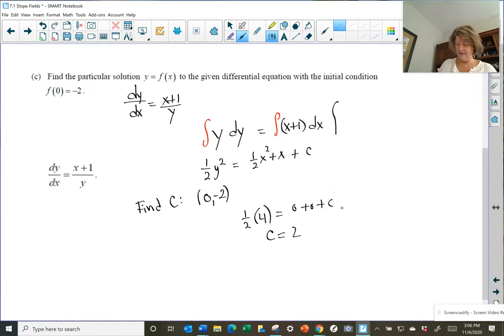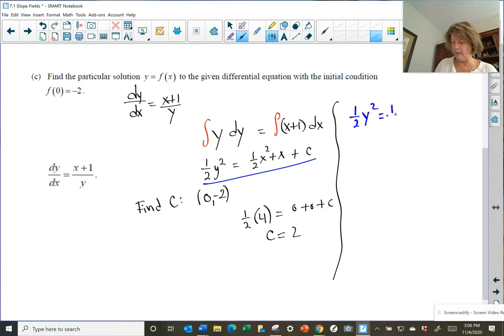So therefore I can see that c equals 2. All right, then we rewrite the equation, correct? I'm going to rewrite it based back on this, that I have 1/2 y squared equals 1/2 x squared plus x plus 2. Now I can see that I very easily can multiply by 2. Let's do that. Get rid of the halves.